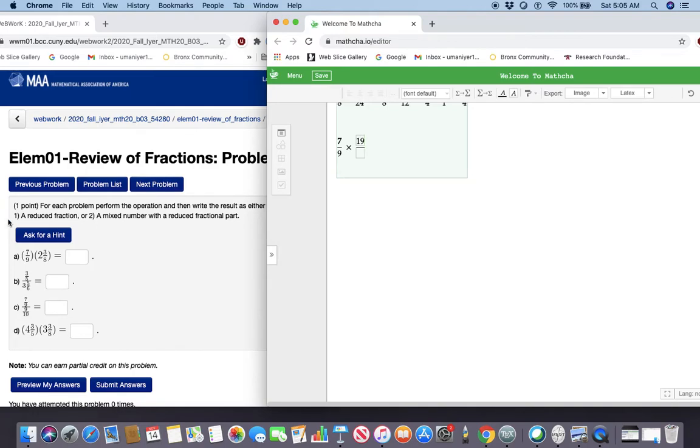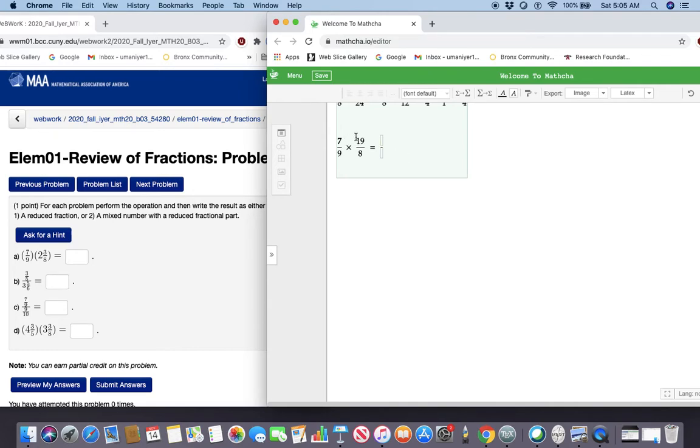So that's how I get my new fraction numerator. The denominator is the denominator from before, 8. If you notice, nothing reduces: 19 and 8, 7 and 9, nothing reduces.